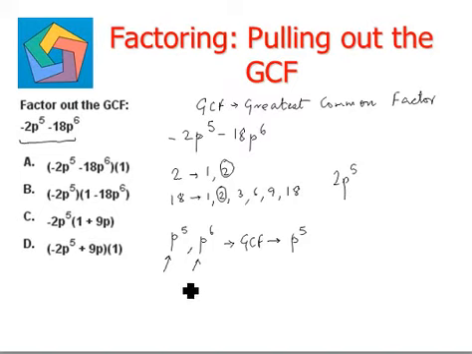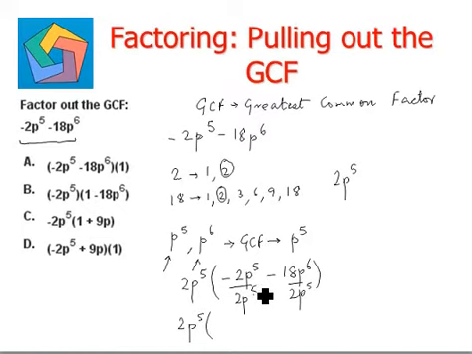So we write down the GCF first, 2p to the power of 5, put the parentheses, write the first term inside the parentheses, divide each term by the GCF, and then simplify. The 2p^5 outside the parentheses will remain as it is.